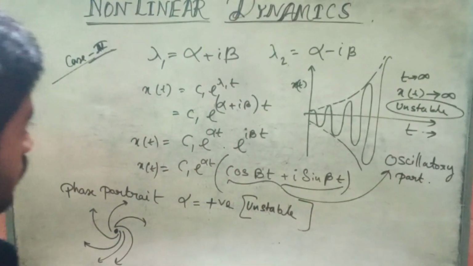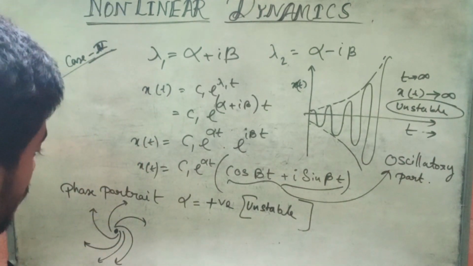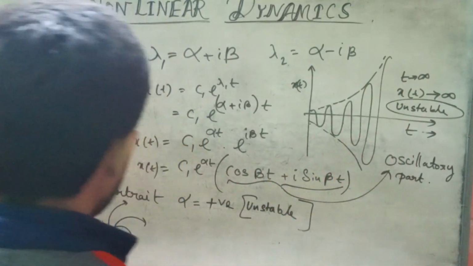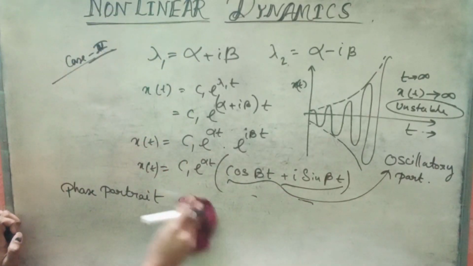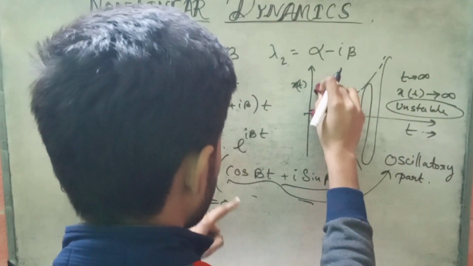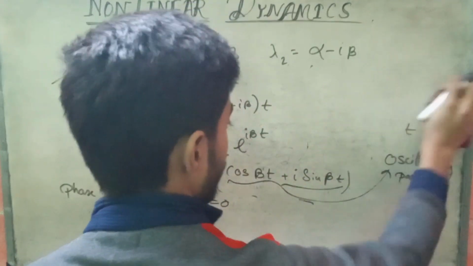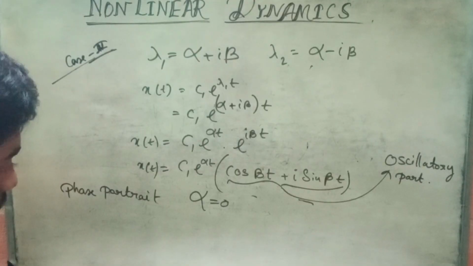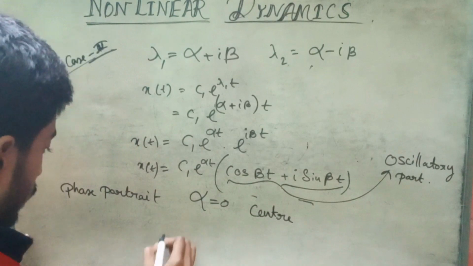I think these are all the cases. Oh, another case: what happens if alpha is 0? If alpha is 0, then the system has only the oscillatory part, and the fixed point is known as a center.